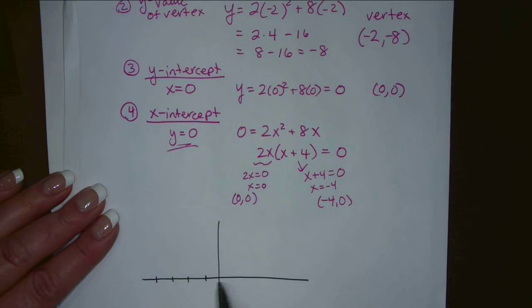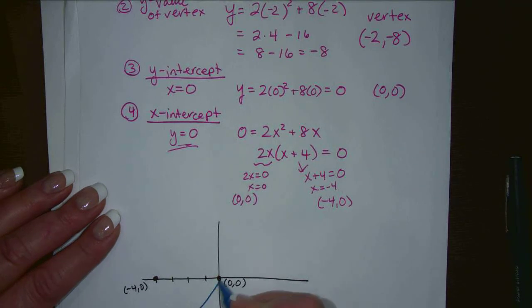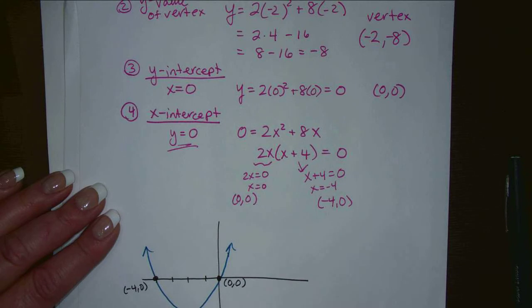So negative 2, negative 8, 0, 0, and negative 4, 0. And that's the symmetric part. Make sure it's rounded at the bottom, not pointy.